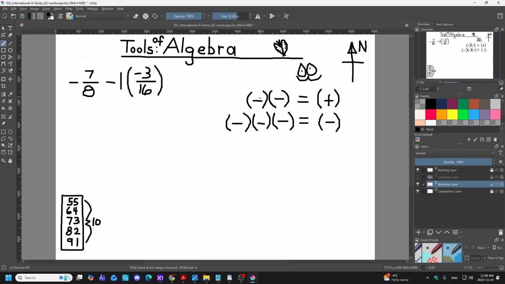It doesn't matter if I have 40 negatives that I'm multiplying together, you're always going to end up with positive. It doesn't matter if I have 41 negatives, I'm going to end up with a negative. It's an even odd thing. Okay? It's an even odd thing.